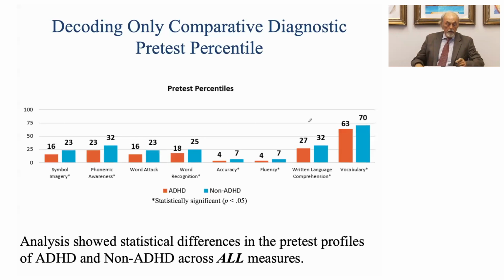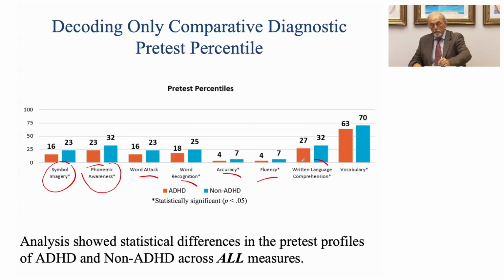When we look at their orthographic processing, their phonemic awareness, word attack, word recognition, accuracy, fluency, their ability to comprehend, and a classic dyslexic kind of profile where you see these kids have extraordinary vocabulary, but their primary dysfunction is in the area of decoding. Sure enough, there were differences between these two profiles. In other words, it's not just a reading issue when we look at the children with ADHD.